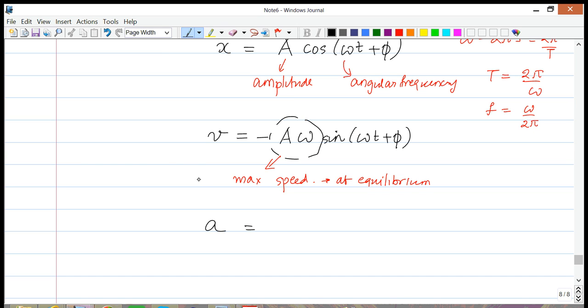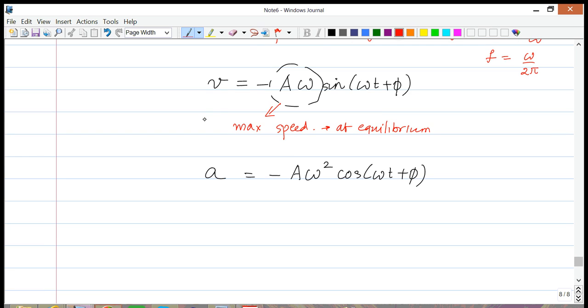We also know that the acceleration is negative A omega square cosine of omega t plus phi. This A times omega square is the maximum acceleration, and what we know is this happens at the ends.